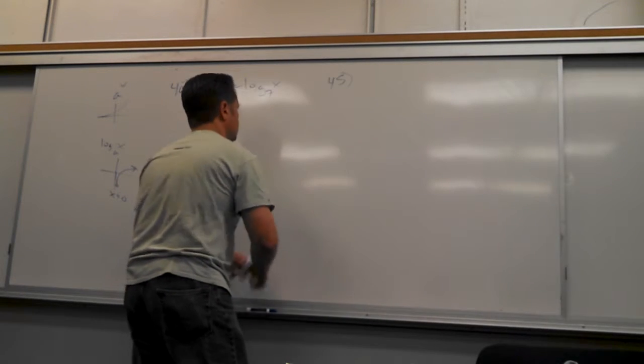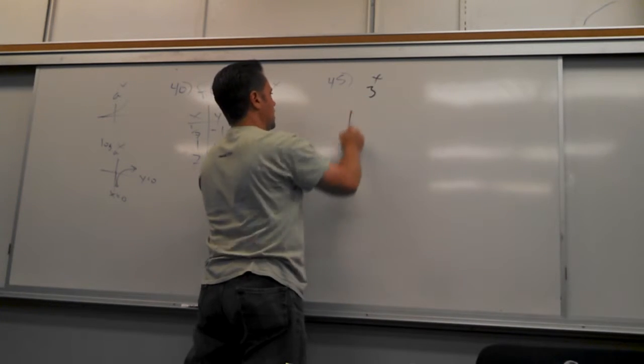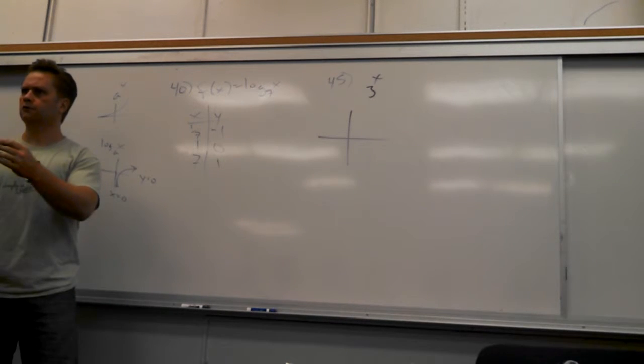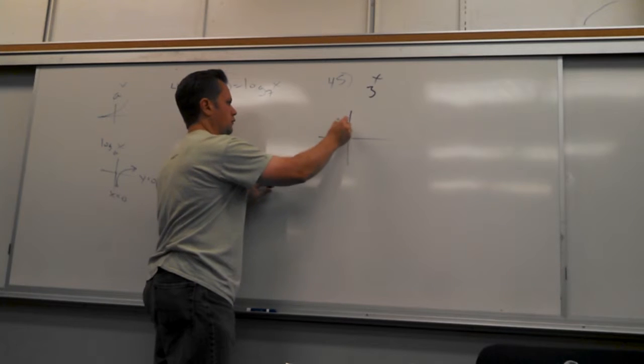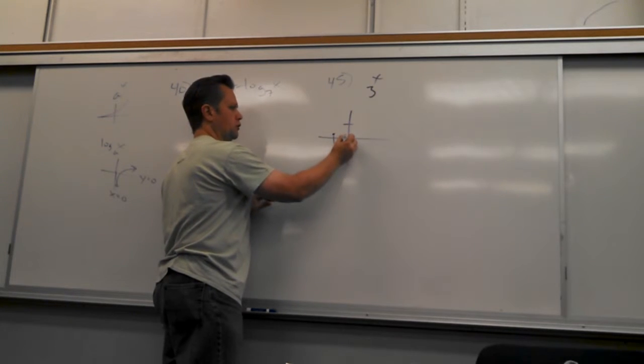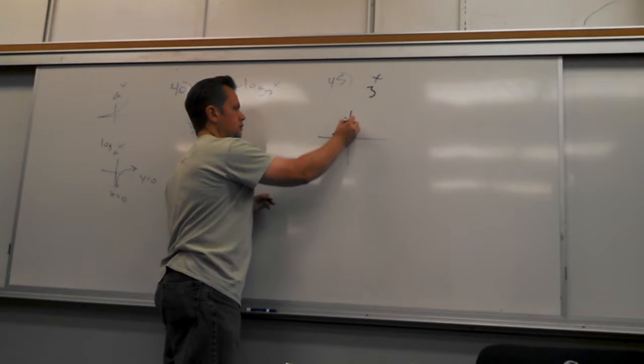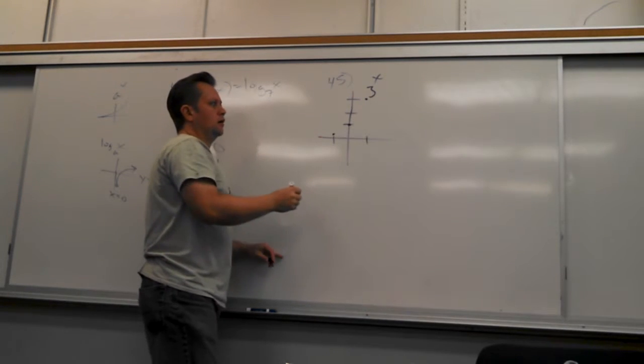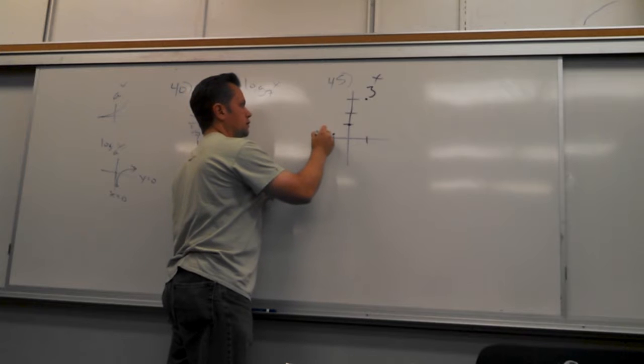Graph 3 to the x. You should not even need a table to do this. What are the 3 kind of points I can use? Negative 1 goes to 1/3. 0 goes to 1. And 1 goes to 3. All right, so then this looks like this.